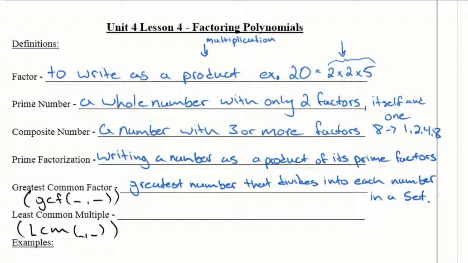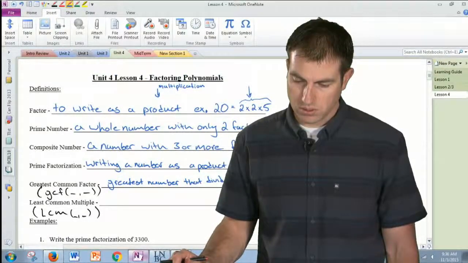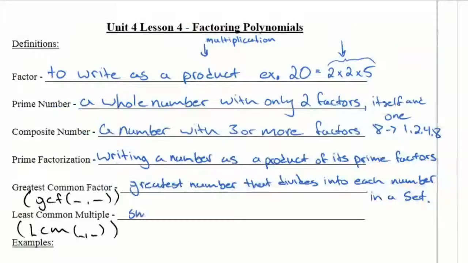And while we're here, the least common multiple. Wow, just reading my definition, it doesn't really make sense. The least common multiple is the smallest multiple that is the same for two numbers. Maybe I can just go off the top of my head.